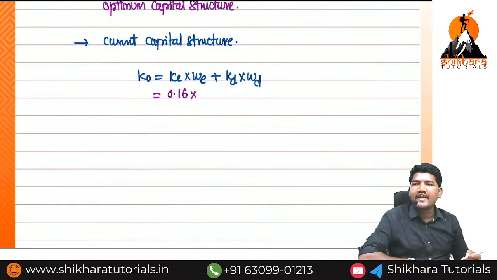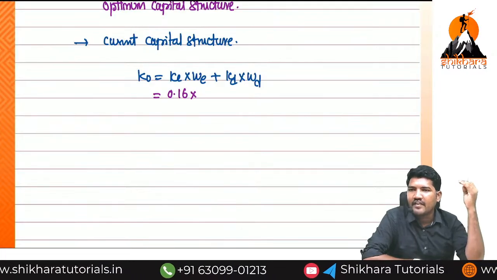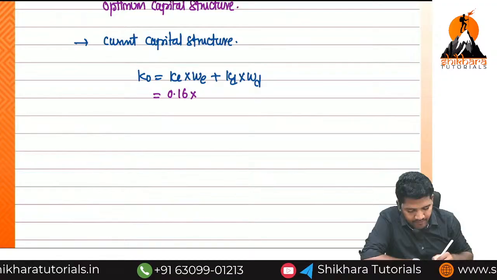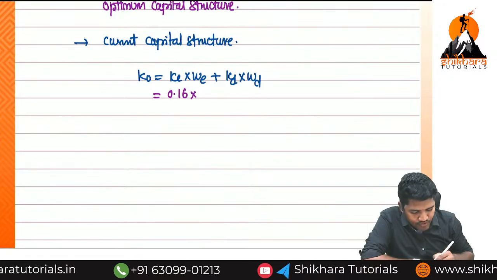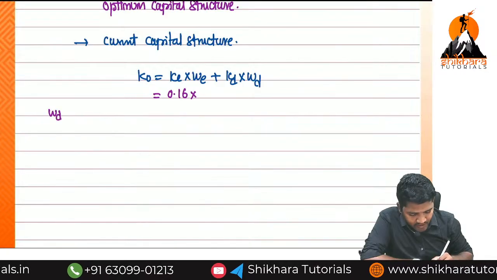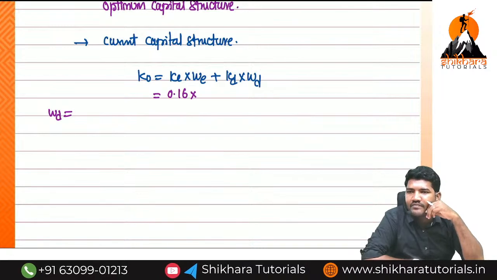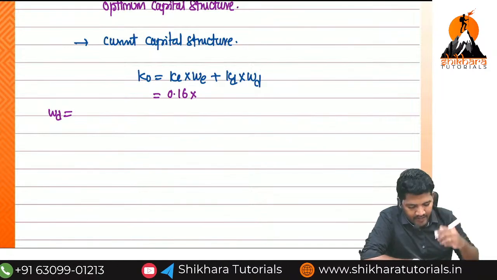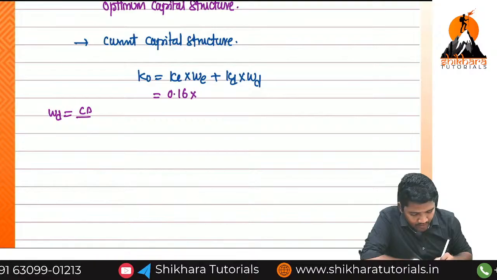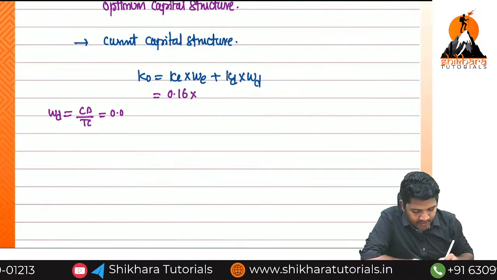How to calculate weight of equity? Listen carefully. Weight of debt is given in the question. Where, sir? Go and check: current debt divided by total capital equals how much? 0.03.